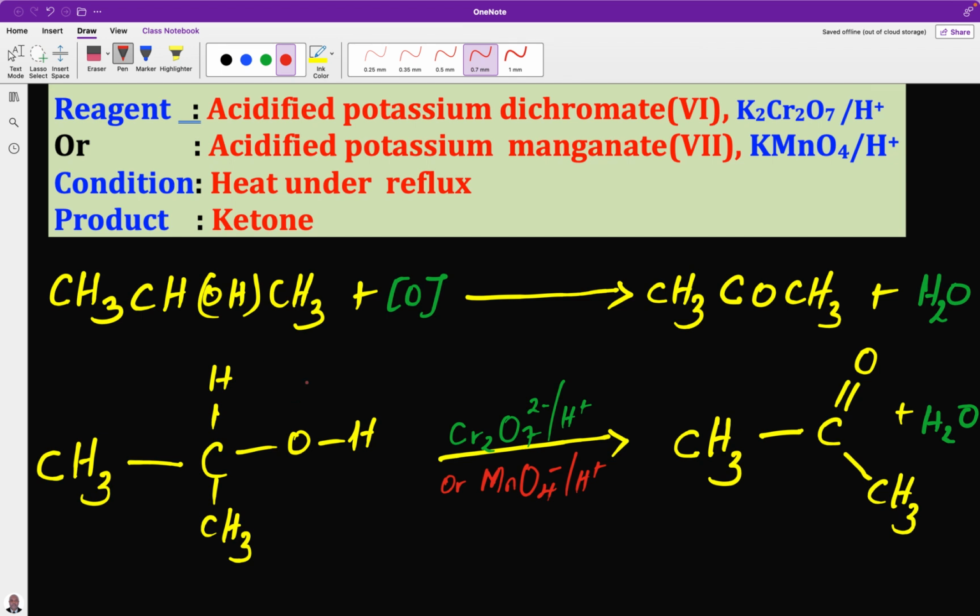Now, what is happening here is, see how the oxygen from the oxidizing agent comes.